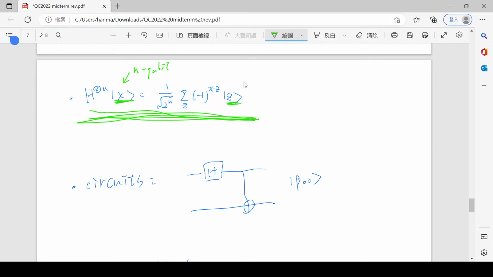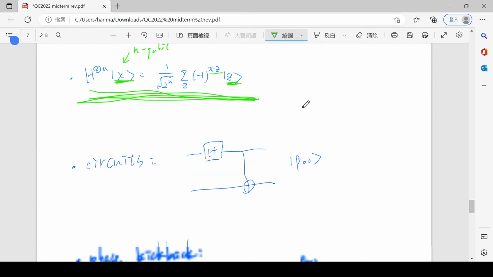Just think of a bit string as a vector and take the inner product mod 2, so x dot z. This is a nice formula that I should remember.